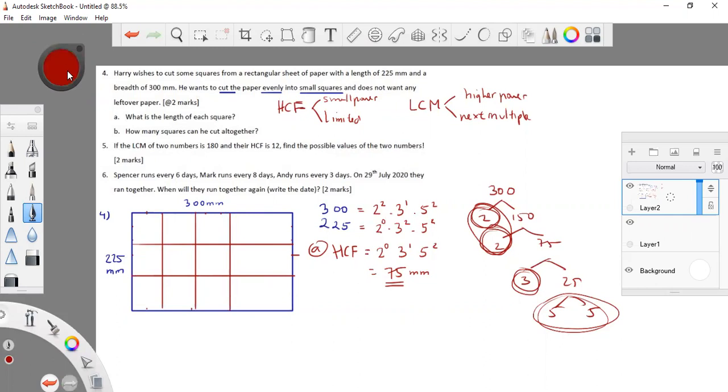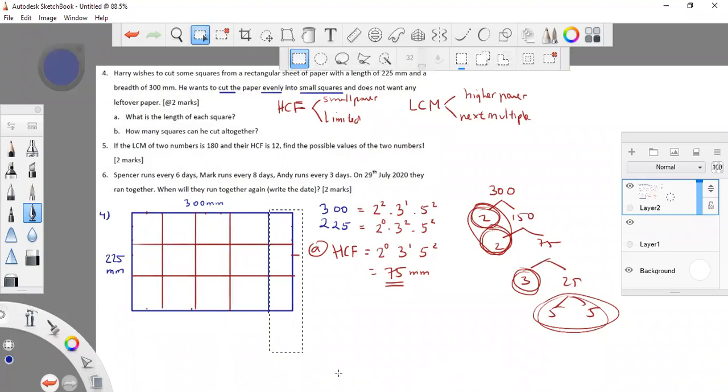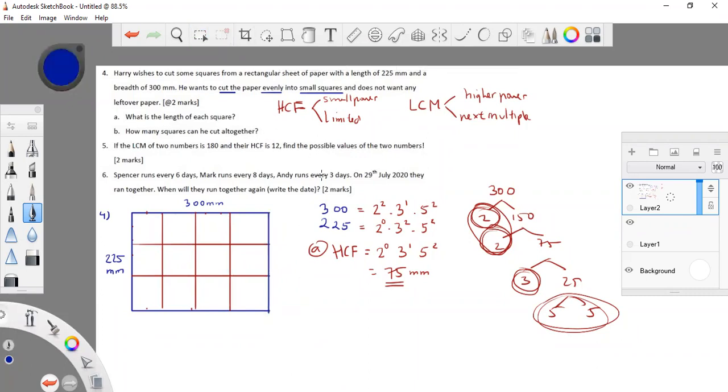This and this. I'll erase this first so it's easier to see. There you go. So what is the length of each square? 75 millimeter, and everything is supposed to be uniform.